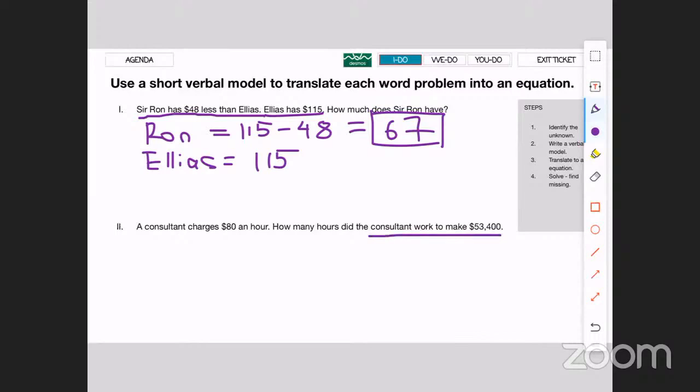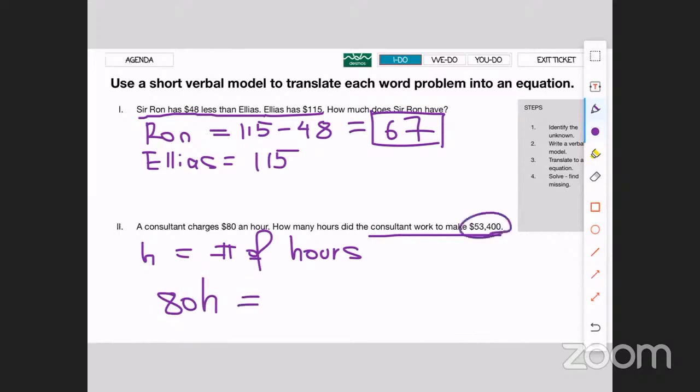We don't know how many hours, so that becomes H. So let H equal the number of hours the consultant has to work. If the consultant charges $80 per hour, and you multiply 80 by the number of hours, you will get the total amount of money she earns, the number they are asking us.